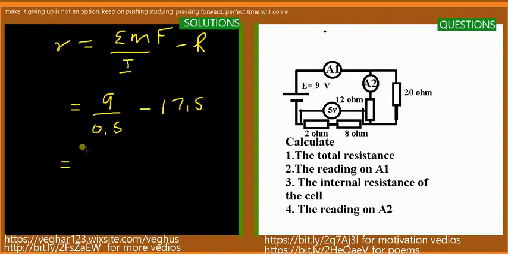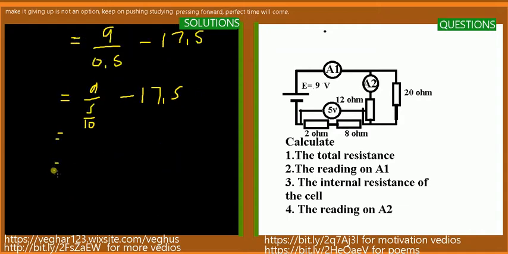So we have 9 divided by 0.5, which is like 9 over 0.5. Taking 10 to the top, we have 90 divided by 5.